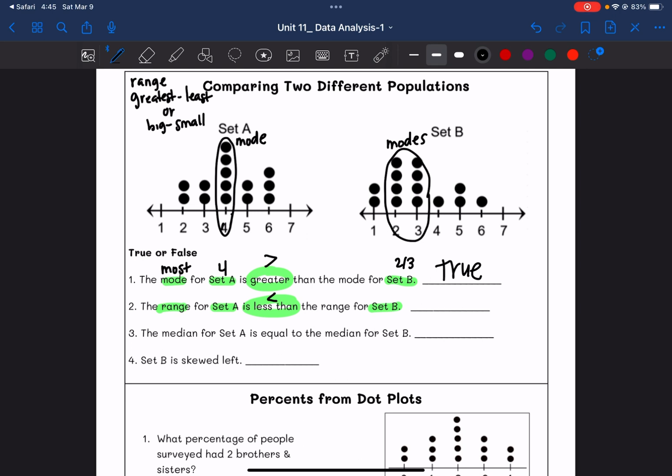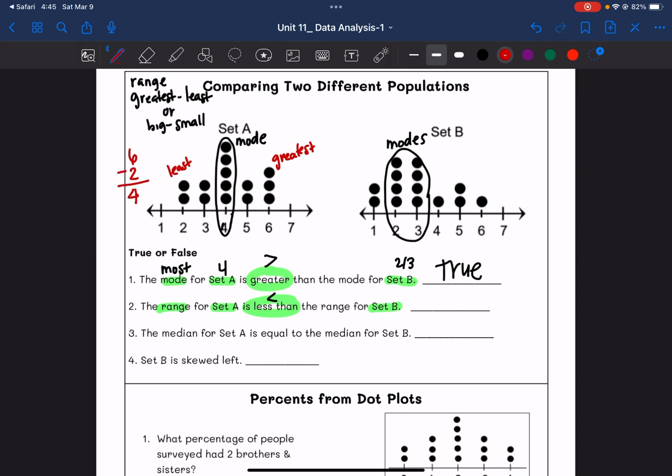Okay, so what we're doing here is we're going to take the greatest minus the least. So that will be 6 minus 2, which is going to give us 4.